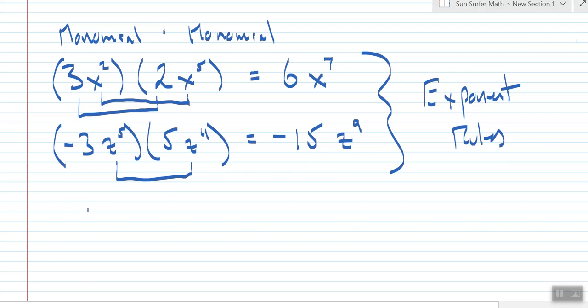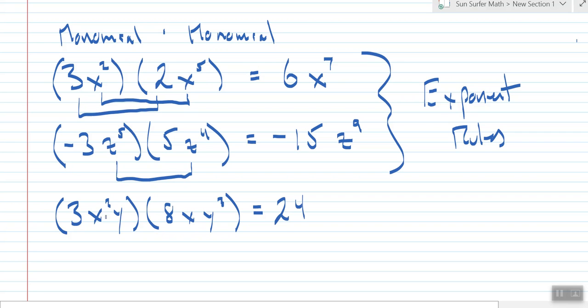Let's do one more. Let's say we have 3x squared y times 8xy cubed. Well, we simply multiply the constants or the coefficients. 8 times 3 is 24. And now we have two different bases.